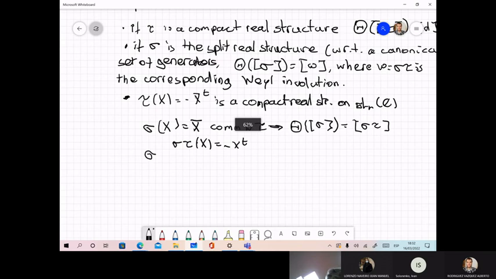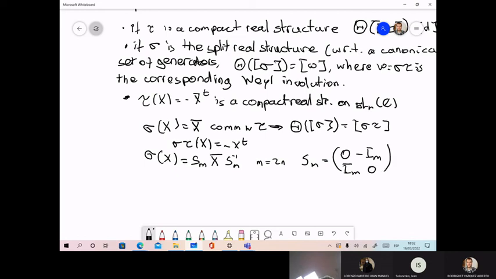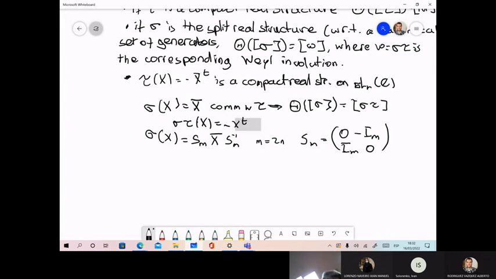If we take the real structure just conjugation, if we take this real structure where m equals 2n and Sm was this matrix, we have the following, that theta, well, I will just write sigma tau of x, right?